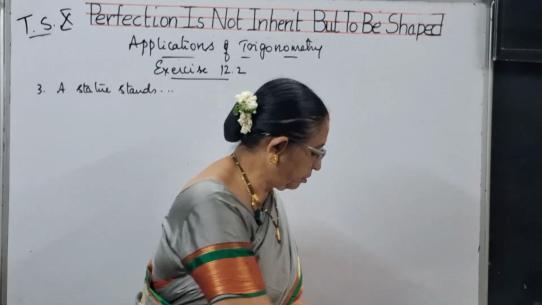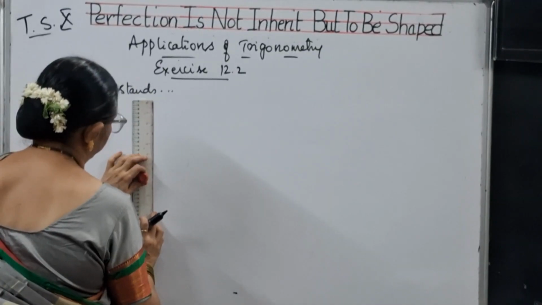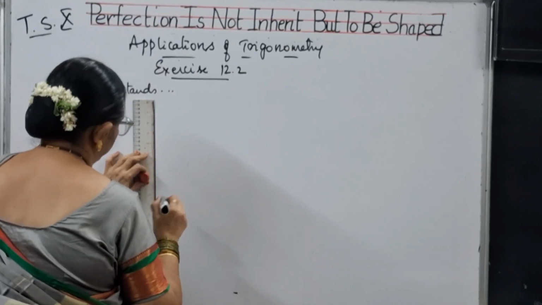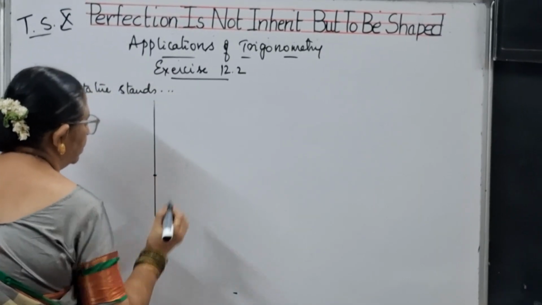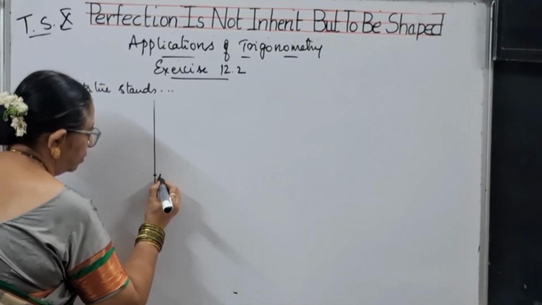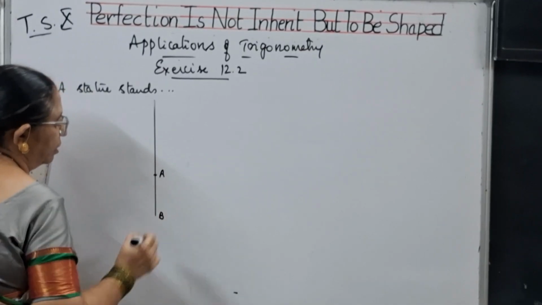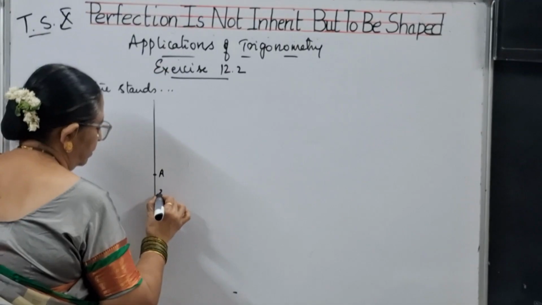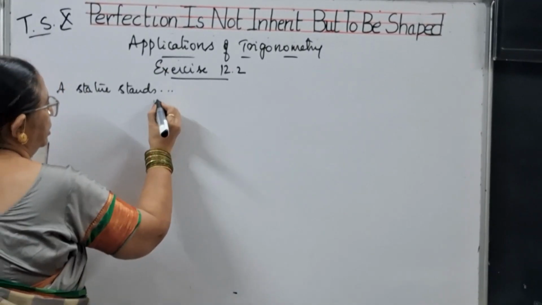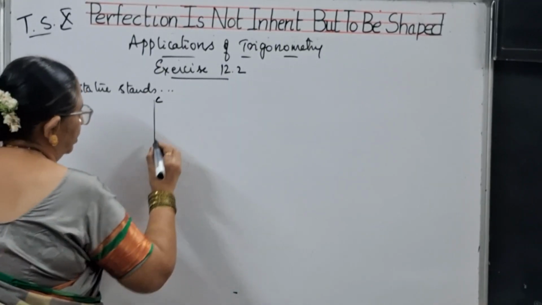So, if you draw the diagram, you will understand this. Let me take this point A and B. This is the top of the pedestal. This is 2 meters. And let me call it as C. This is the height of the statue.